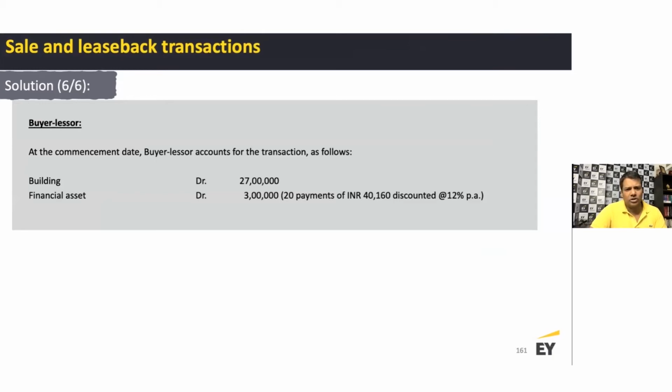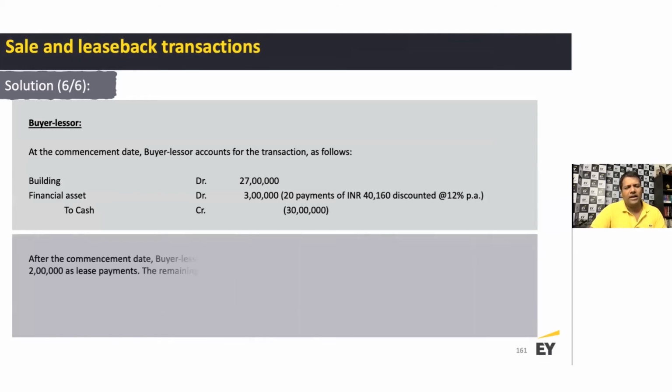So that gets to 3 lakhs, and I'm going to record a cash outflow of 30 lakhs. So from a buyer lessor, the accounting is far simpler. Essentially you are recording the asset at fair value, which is 27 lakh, and recording your right to receive cash for the additional financing, which is 3 lakh rupees, which you will accrue over a period of time.